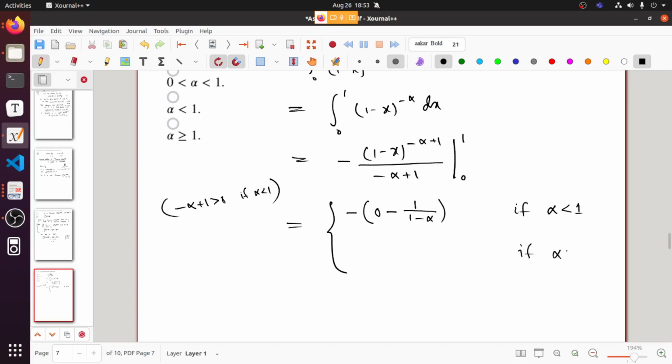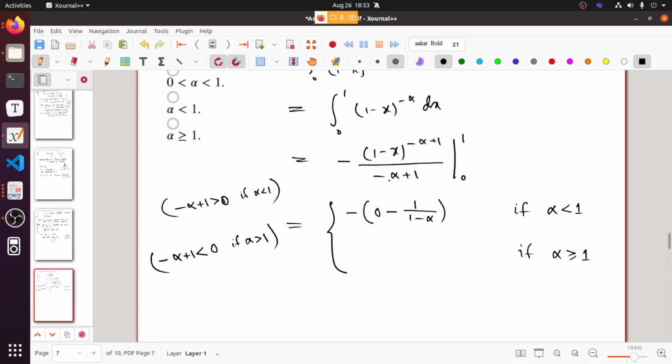And what happens if alpha is greater than or equal to 1? For alpha equals 1, this denominator will be undefined, right? And if alpha is strictly greater than 1, then minus alpha plus 1 is also negative, right? Which means this will be 1 by 1 minus x, and if you put x equals 1, this will blow up, right?